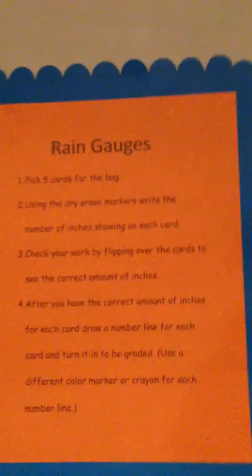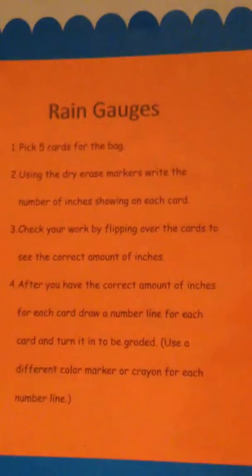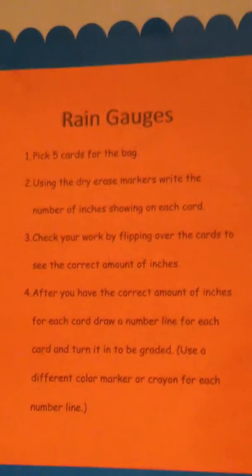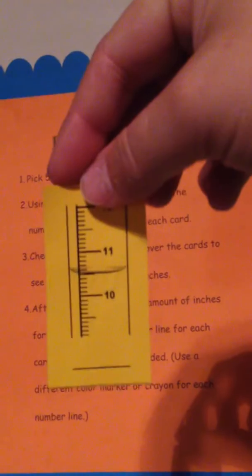In order to do this, we are going to pick a card out of the bag that's labeled rain gauges. Using a dry erase marker, they're going to mark on the card how many inches is on each card. When they're done, they can easily do a self-check and see if they got it correct.